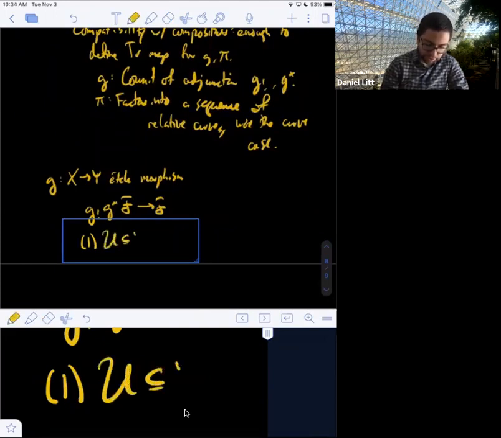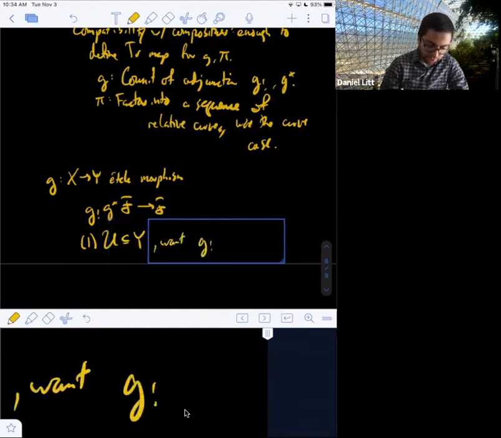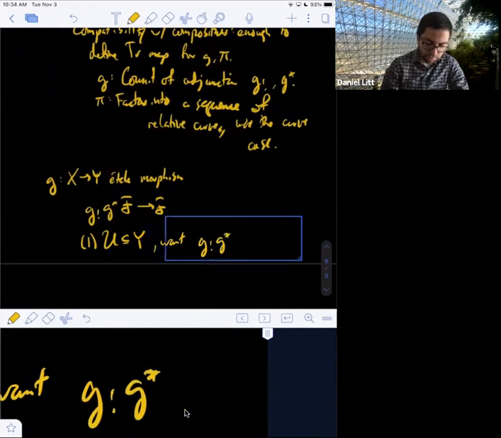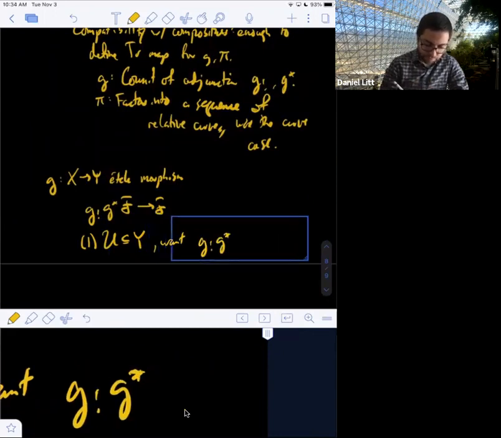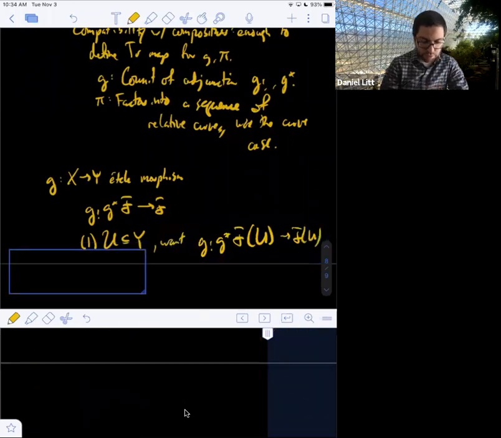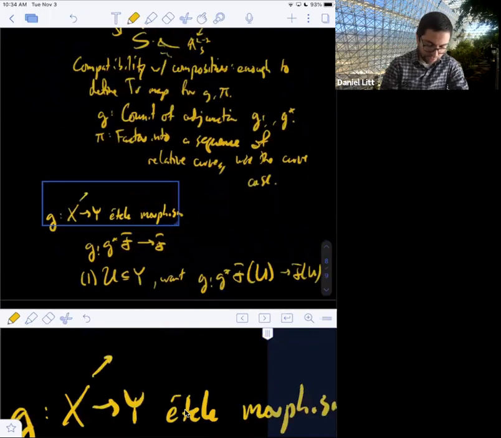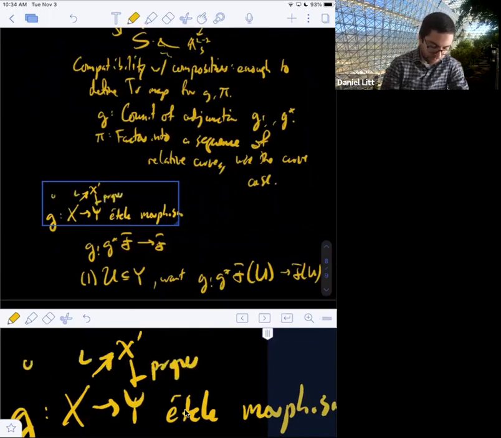So for U contained in Y, we want a map from G lower shriek of G upper star of F of U to F of U. So how do we compute this thing? So one way to do it is we can just compactify. So this is proper. This is open.